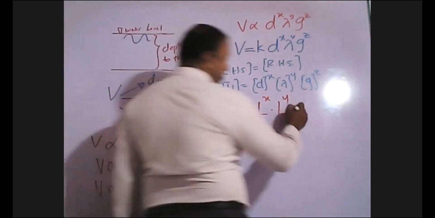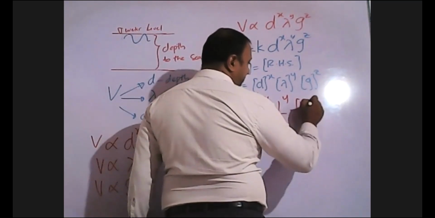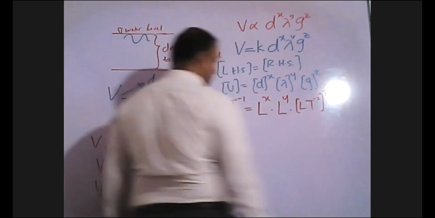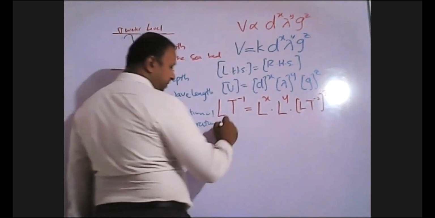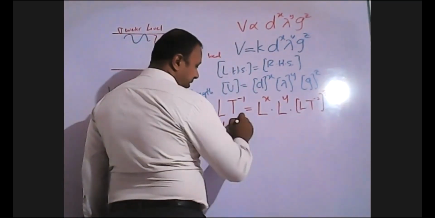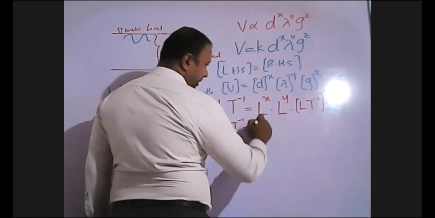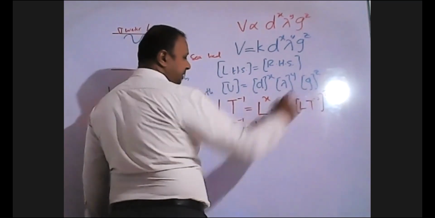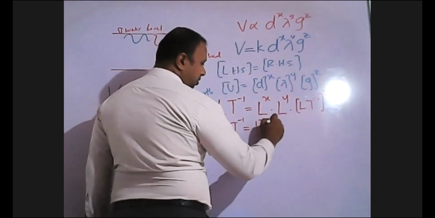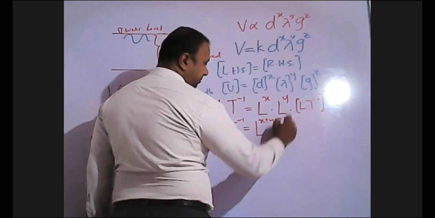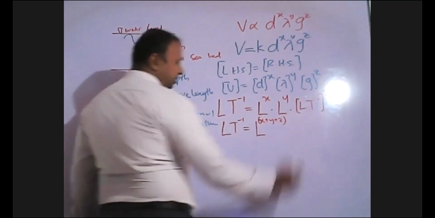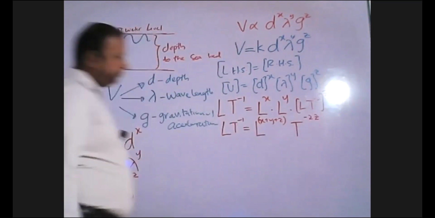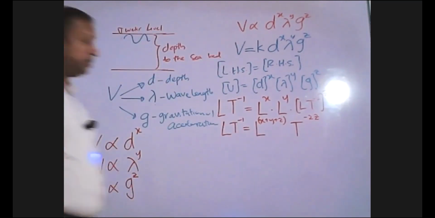G is acceleration, so its dimension is LT^-2 to the power z. So LT^-1 is equal to L to the power x plus y plus z, then T to the power minus 2z.